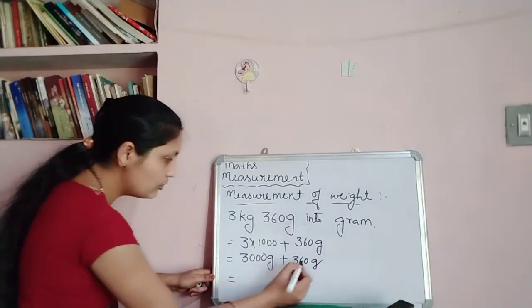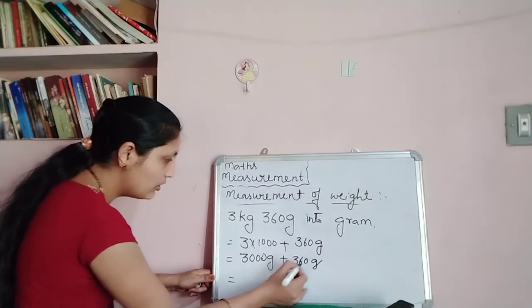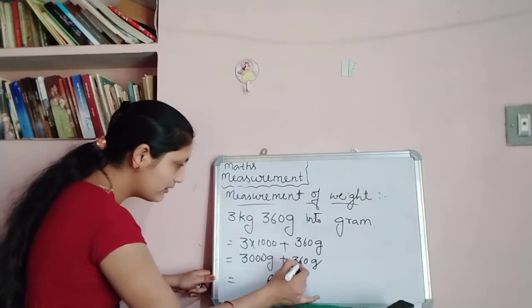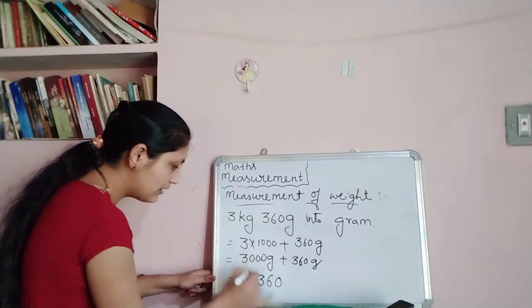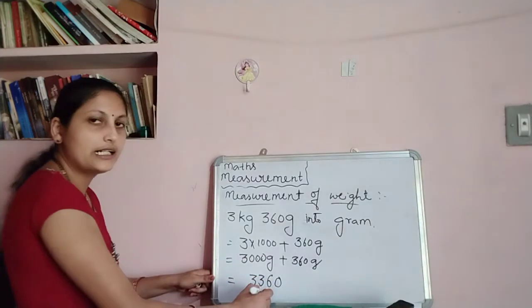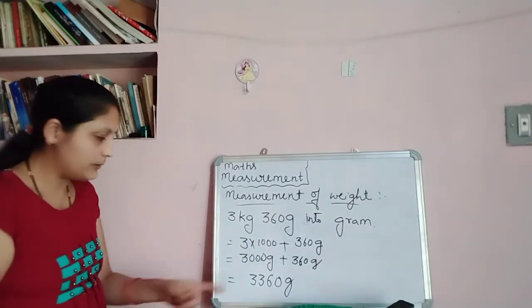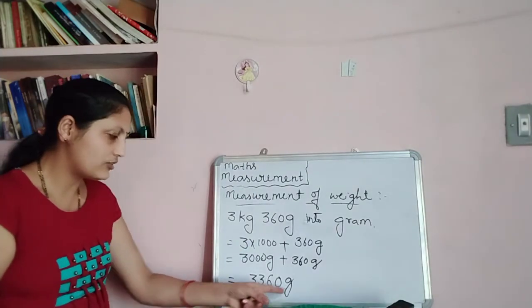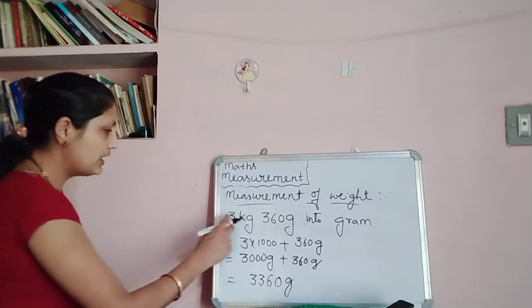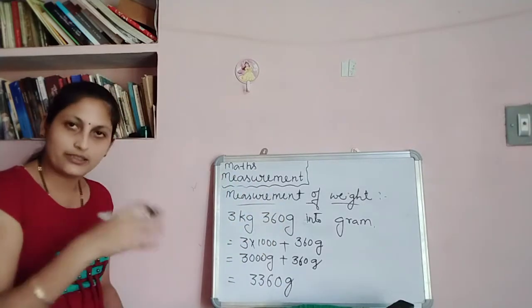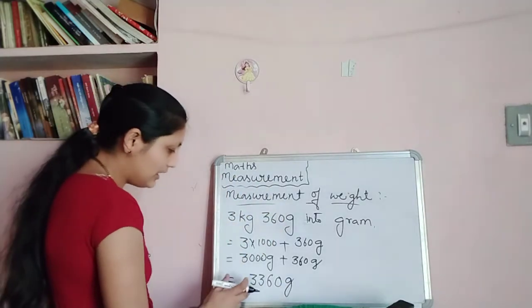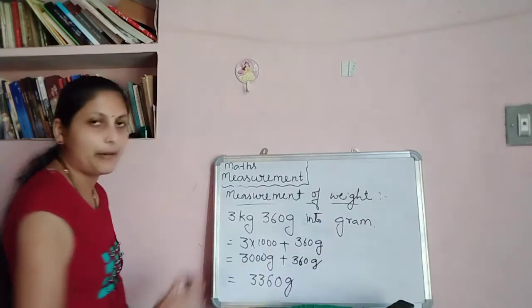That is equal to 0 plus 0 is 0. 6 plus 0 is 6. 3 plus 0 is 3. 3 as it is. 3360 gram. So 3 kg 360 gram, when it is converted to gram, is 3360 gram.